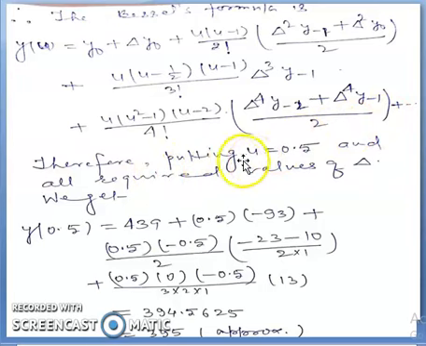Therefore, putting u equal to 0.5, we have already evaluated the value of u as 0.5 and all required values of del.